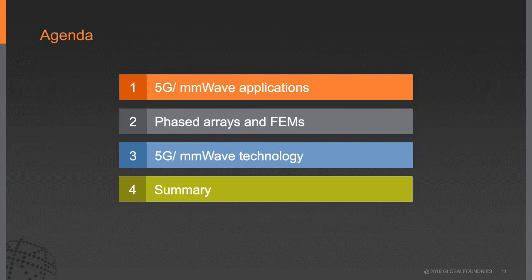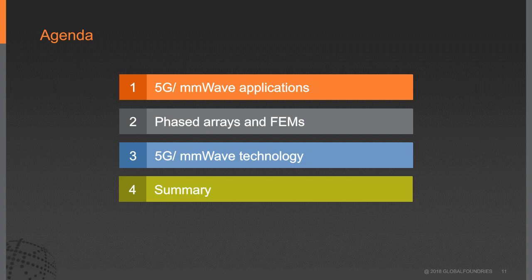Okay, so let me summarize what we have learned so far. We have gone over 5G millimeter wave applications, how 5G NR standards are driving increasing radio complexity and cost, and what the key technological requirements of millimeter wave applications are.